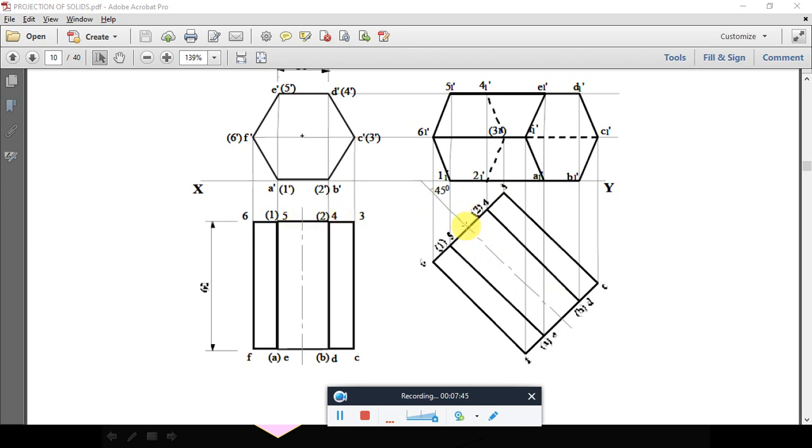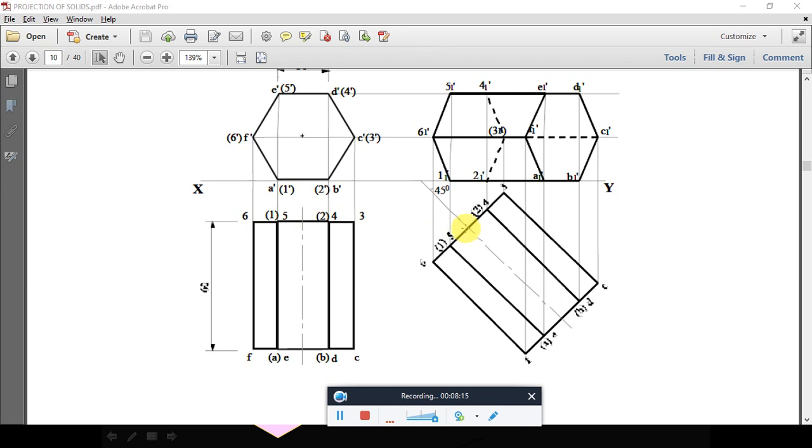Now take the measurement of 6 and 3 and draw here. It is better to use your compass: fix this as the center point, measure the distance of 3 from here, this is the axis point, and cut an arc. So fix this point 3. Likewise fix this as center, measure the distance of 6 and duplicate here, cut an arc.